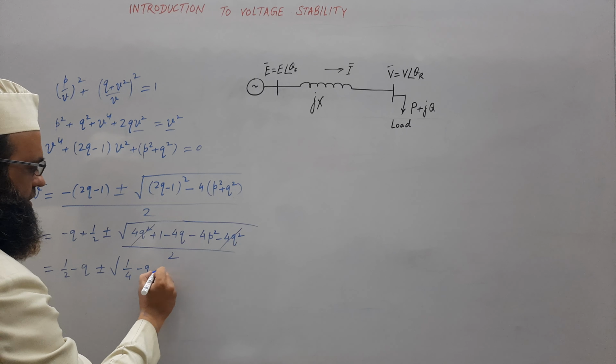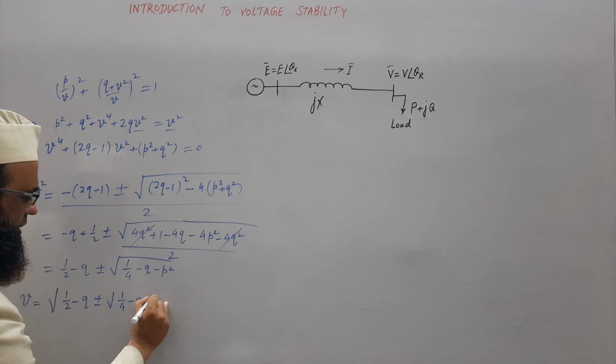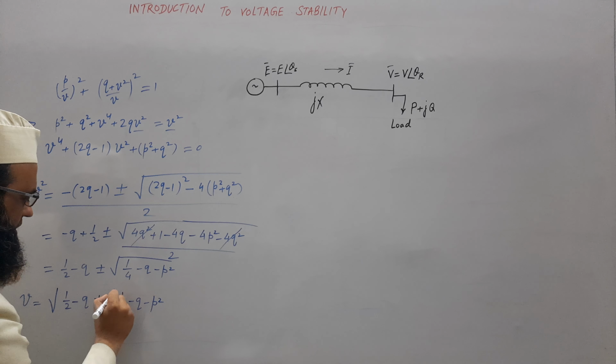magnitude of bus voltage at load bus, receiving end bus. So this will be under root 1 by 2 minus q plus minus under root 1 by 4 minus q minus p square.